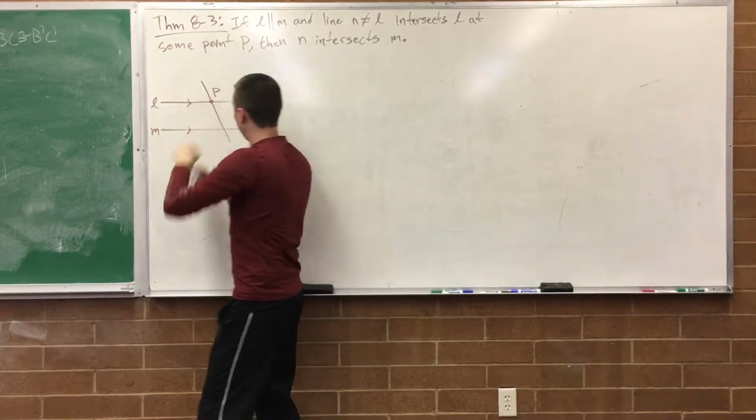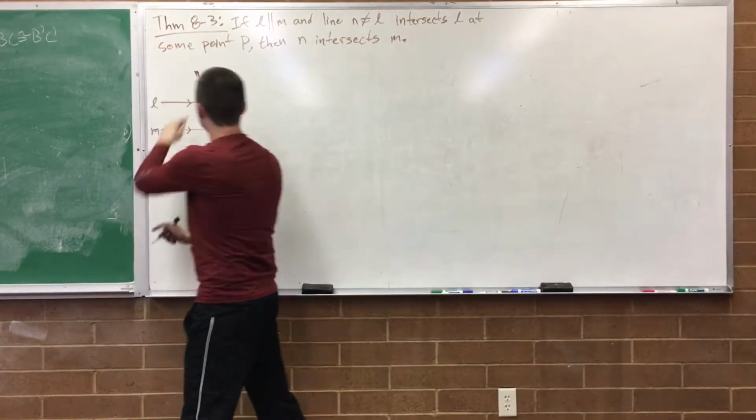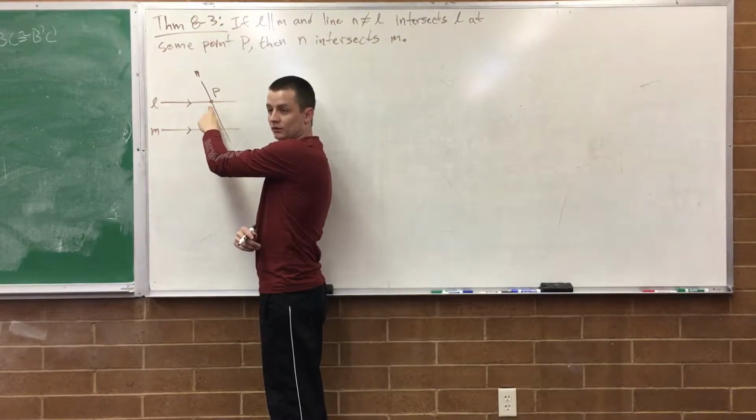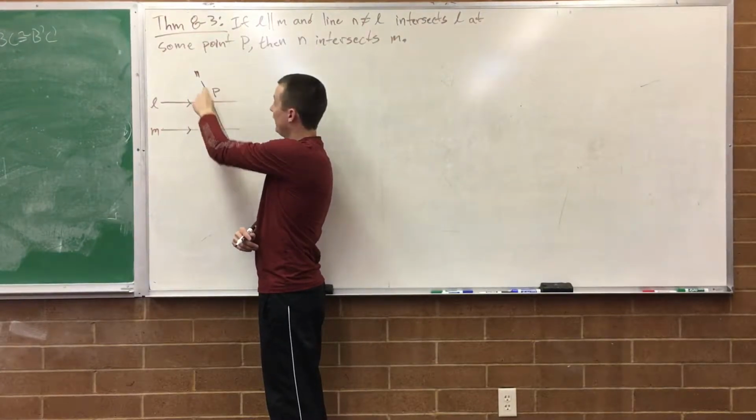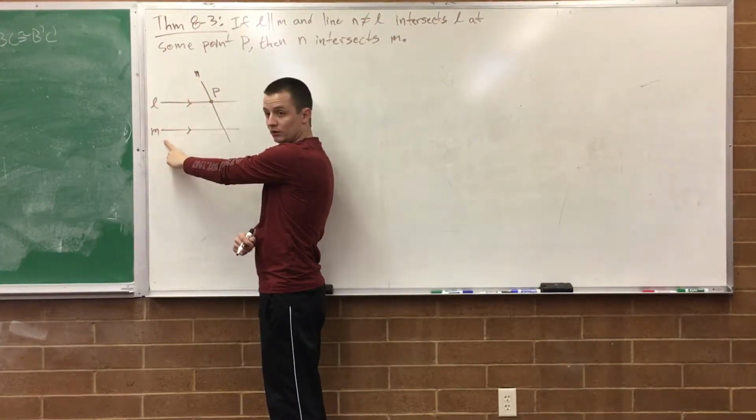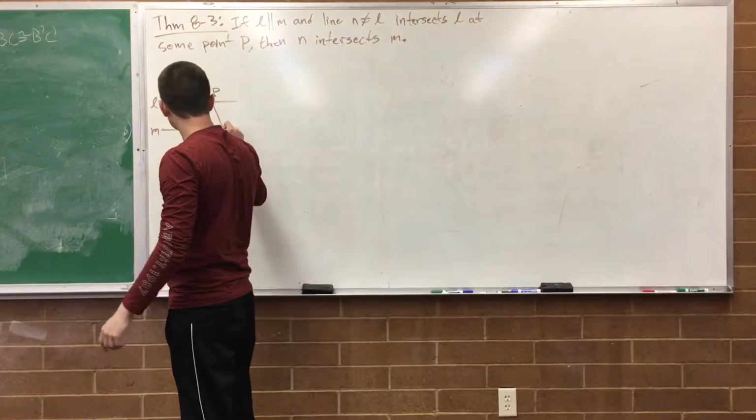N also goes through that point. Therefore, N can't be parallel to M. Therefore, it has to intersect it at some point.